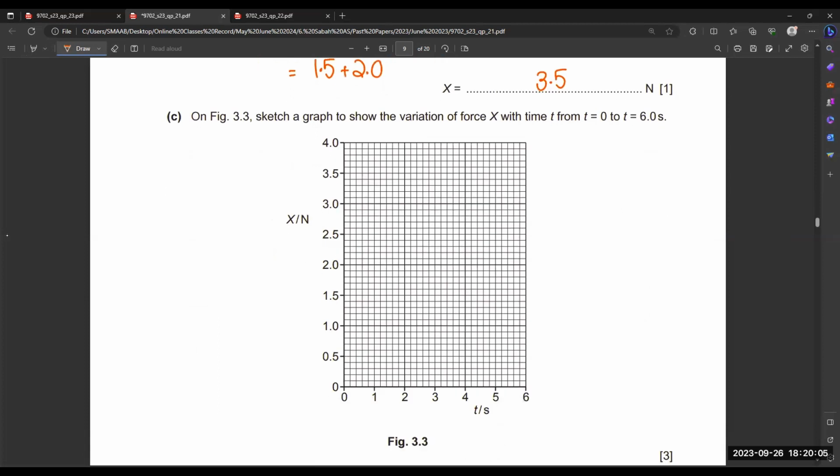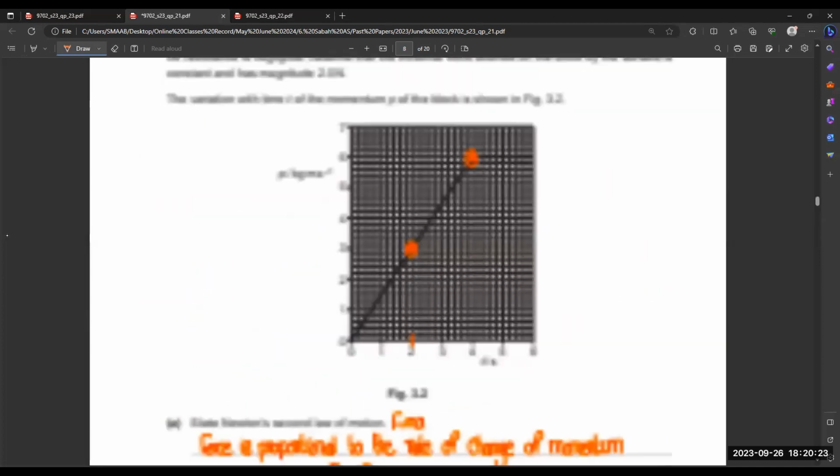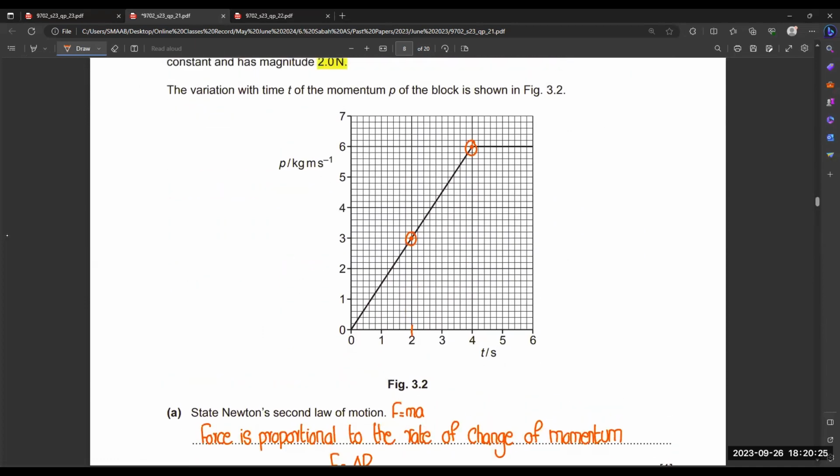And in the graphical representation, you have to sketch a graph to show the variation of force X with time from time t equals 0 to time t equals 6 seconds. So basically, from 0 to 4 seconds you have a constant force, right? Because the gradient of the graph shows a constant ratio between the momentum and the time.